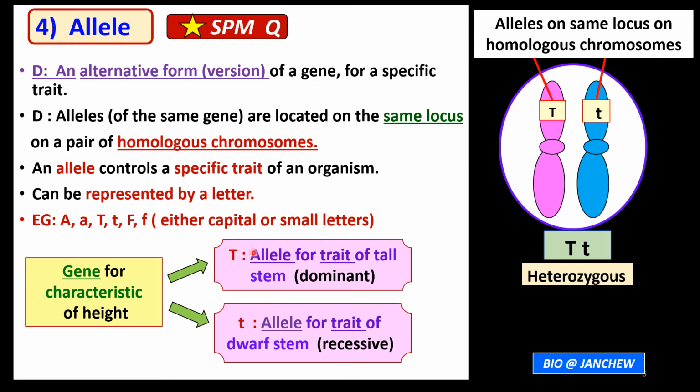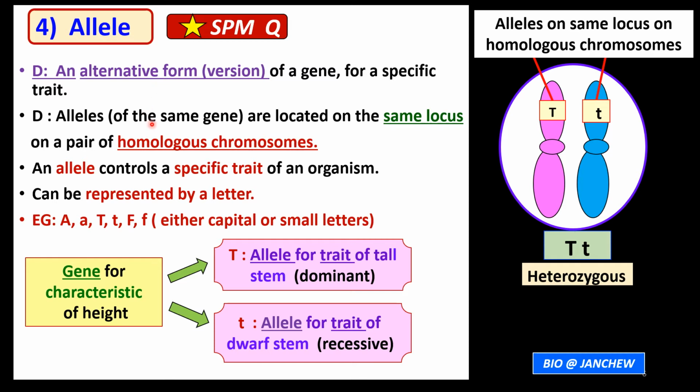So dominant alleles, or stronger alleles, within inverted commas, are assigned capital letters, and recessive alleles, or weaker alleles, are assigned small letters, the lowercase letters. Okay, let's come back to our explanation. So an allele is an alternative form or version of a gene that controls a specific trait.